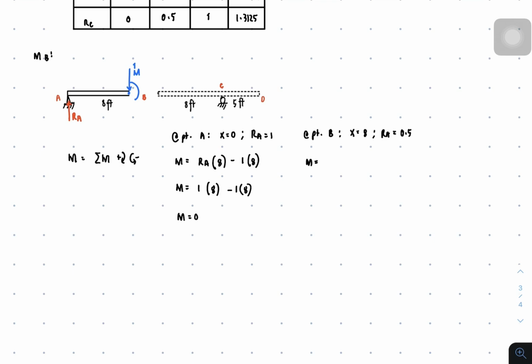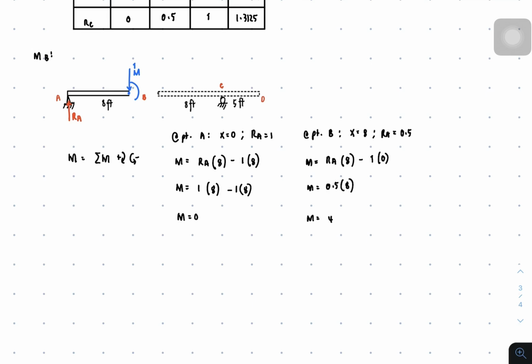So for the equation, M is equal to RA, it's still clockwise, times 8, and then minus 1, then the moment arm is 0 because it's actually at point B. So therefore, M is 0.5 times 8, and the moment now is positive, not 0 point, but 4.